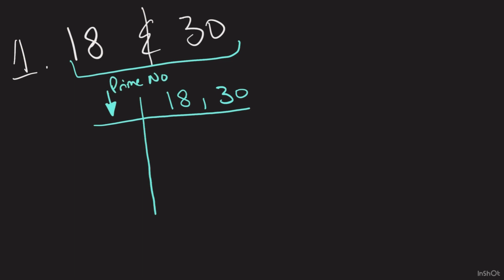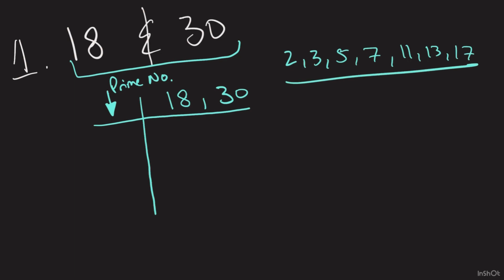Prime numbers are numbers like 2, 3, 5, 7, 11, 13, 17, etc. A prime number is a number that can only be divided by itself and 1.